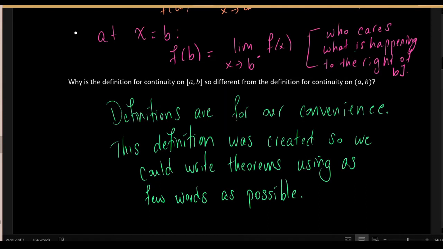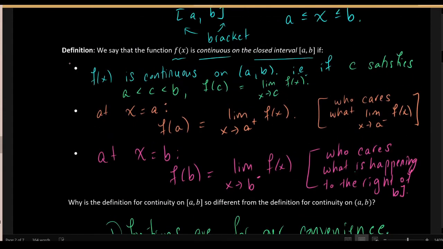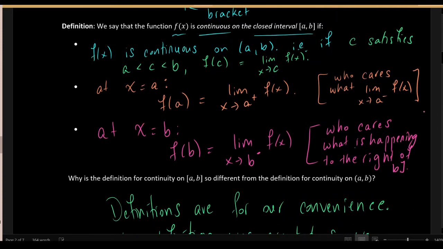This huge triple bullet point is basically just a long phrase that comes up often. And so all that we have done is taken this gigantic phrase and shortened it into basically a mathematical acronym. Instead of writing all of this stuff, all we have to say is f of x is continuous on the closed interval AB. Way more effective.